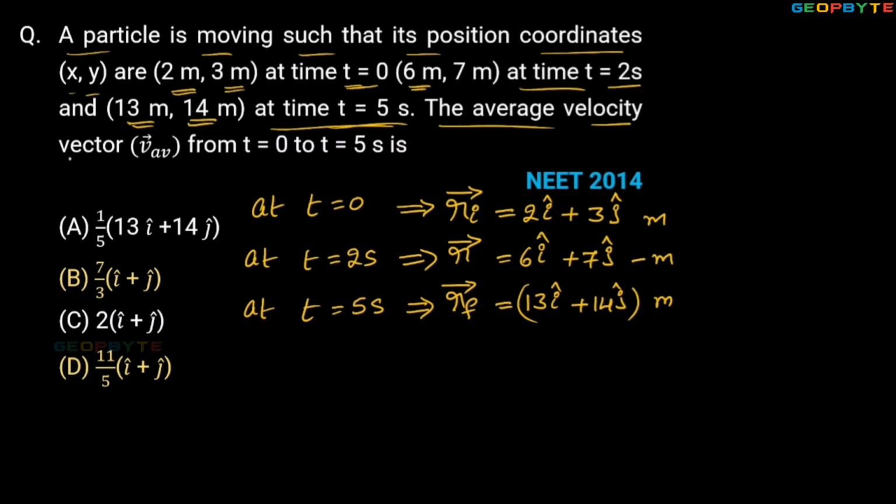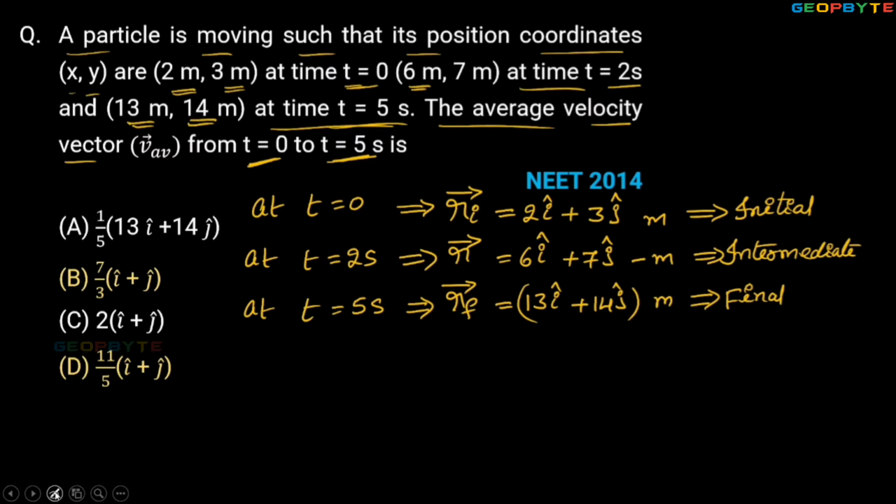The average velocity from time t equal to 0 to time t equal to 5. That's why I have considered this the initial position vector, this is the intermediate position vector, and this is the final position vector. Let us decide the displacement first, because average velocity equals displacement by time.